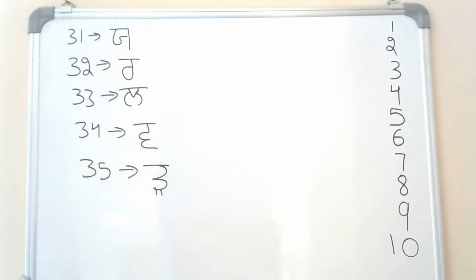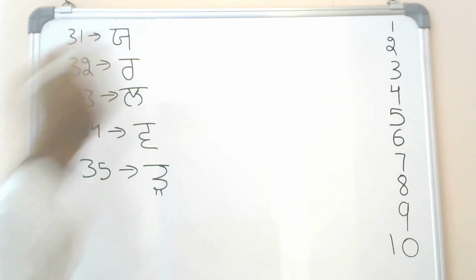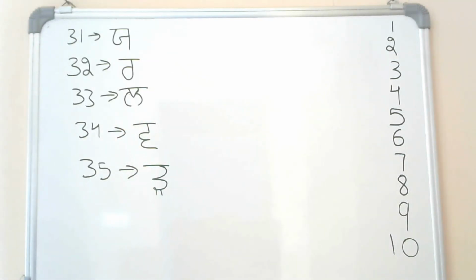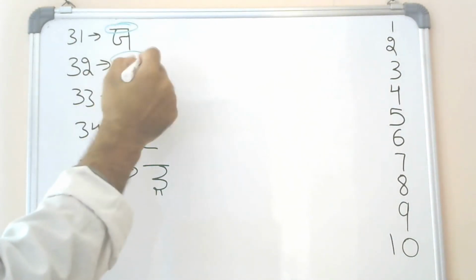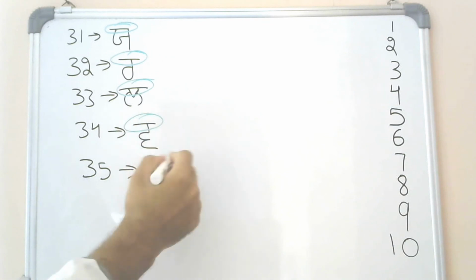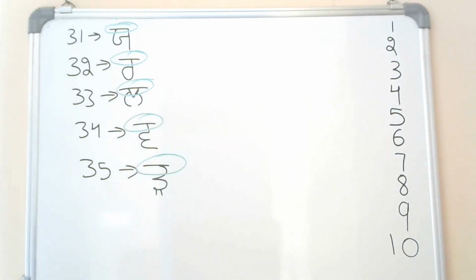If you look at all these letters, you will see that we have a line at the top of all the letters. We have line here, line, line, line, and line. This line will have a line at the top of all the letters.